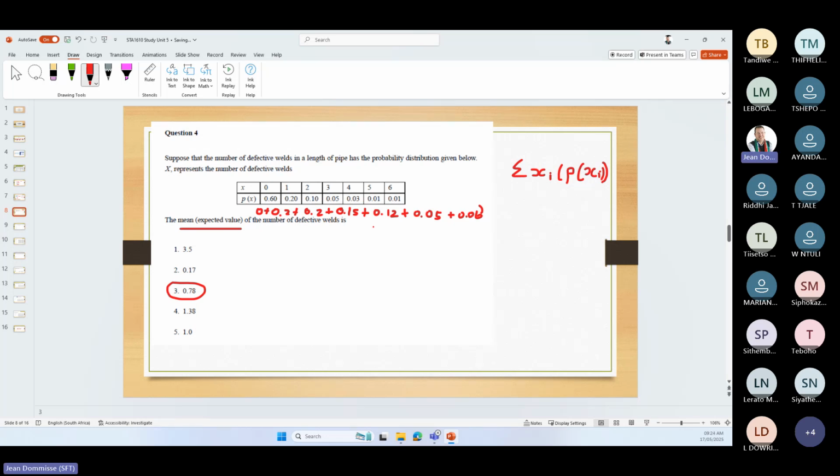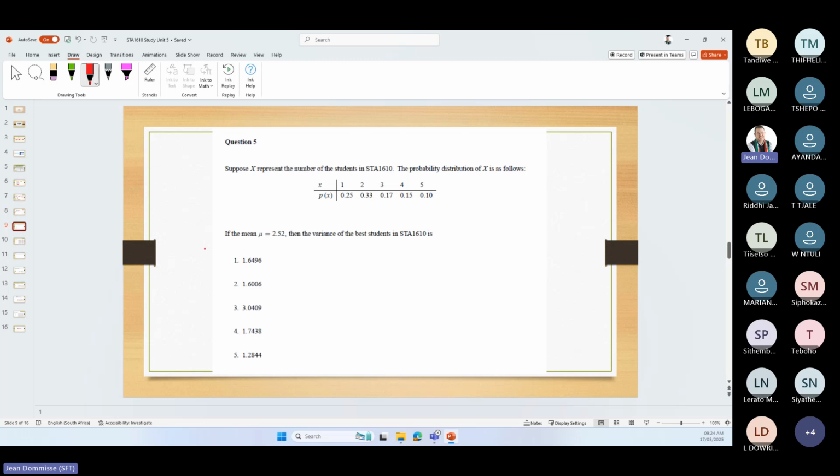You can, if you want to, do it in Excel, but then it's a manual process. Excel does not have a function for working this out for discrete probabilities. So then you need to put it in and manually work it out like we have done here. So Excel is probably not going to make your life very much simpler in this instance.